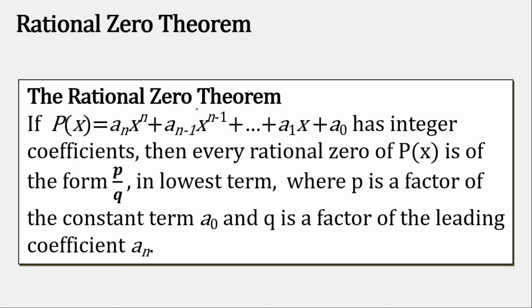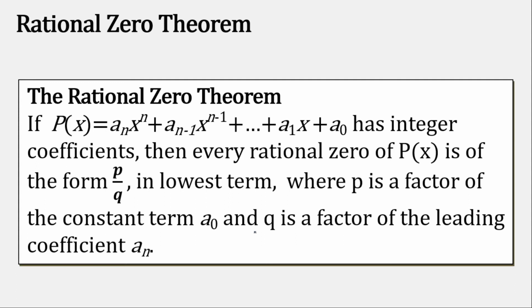Meaning the values of x that would make this polynomial function equal to zero are in the form p over q. One of the solutions or zeros, we can get by dividing p over q. Now what is p? p is the factor of the constant term, which is the last term, and q is the factor of the leading coefficient.